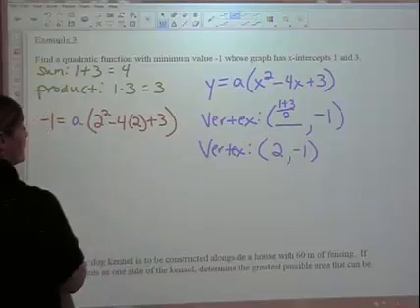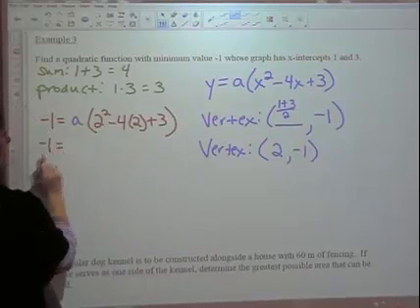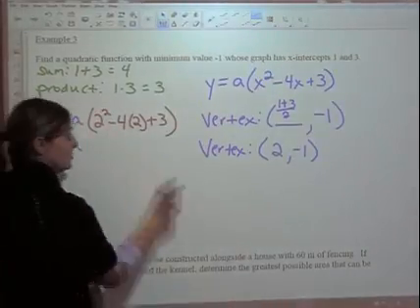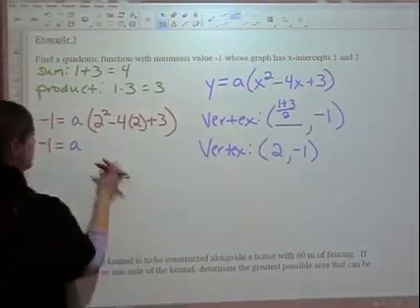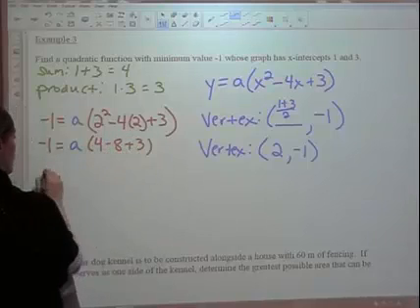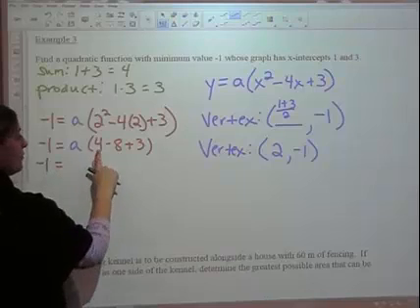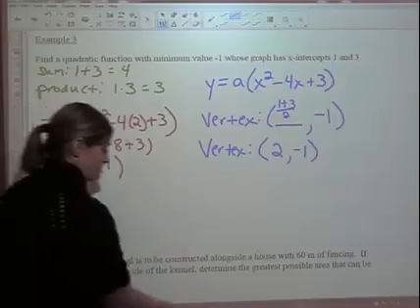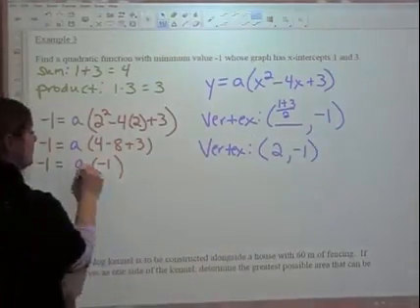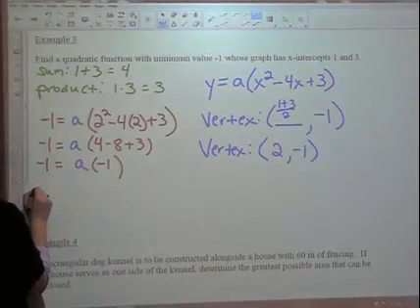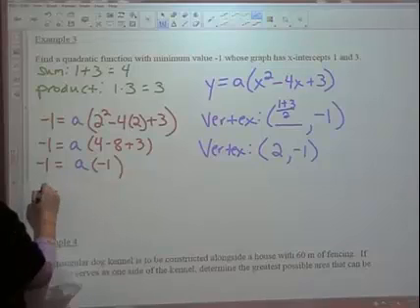So now we can say, all right, well, 2 squared is 4. So we have 4 minus 8 plus 3. So 4 minus 8 is negative 4, plus 3 is negative 1. So now if we divide both sides by the negative 1, a has to be 1.